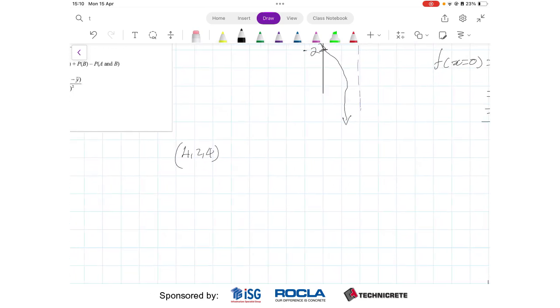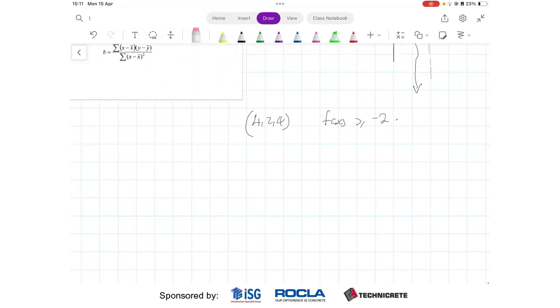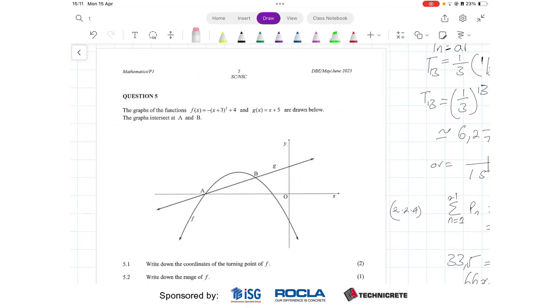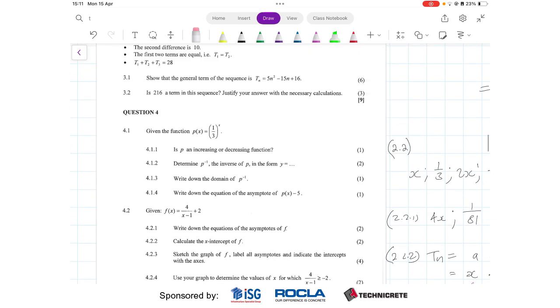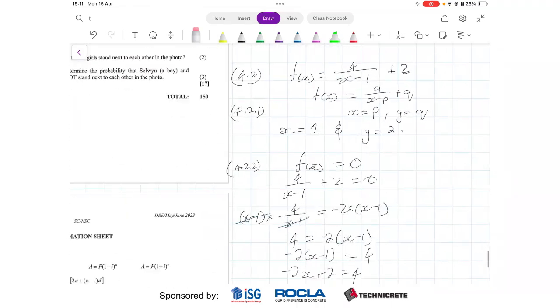We are trying to find a place for which f at x is greater than or equal to minus 2, right? So we're going to substitute our value for f. What did the question say? Let me look at the question again. Oh, we need the values for which 4 over x minus 1, not f at x.